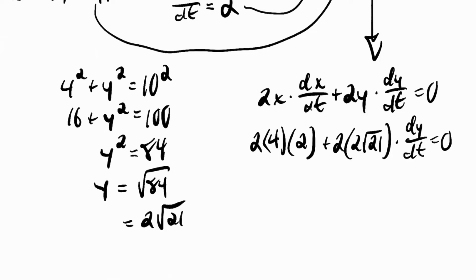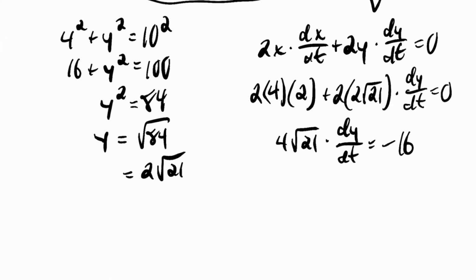So I'll subtract 16 on both sides. So 4 root 21, that 4 comes from combining the 2's to make 4, times dy/dt equals negative 16. You might notice a way to be perhaps a little more efficient here. If you do, that's awesome. I'm not worried about being as efficient as possible.